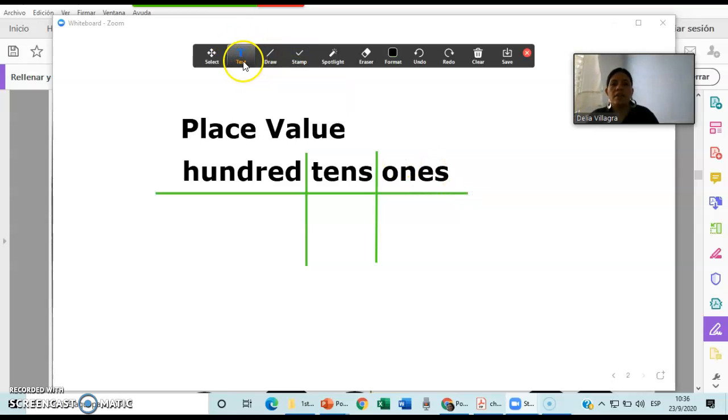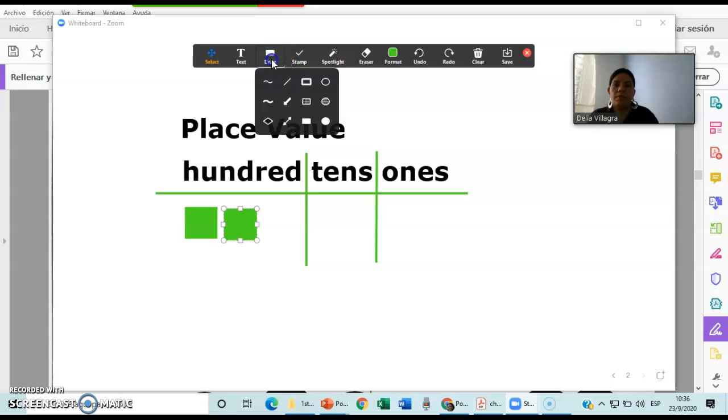So if I got this, for example, let's add a small box like this and try to make another one the same size. So you have two boxes. Two boxes in 100.